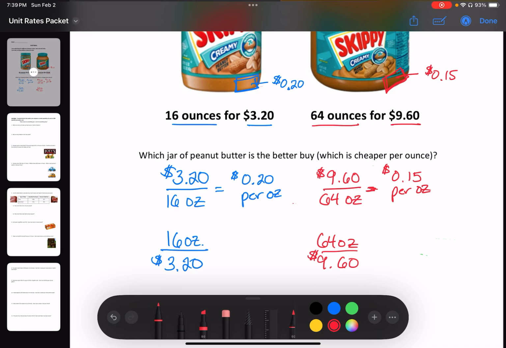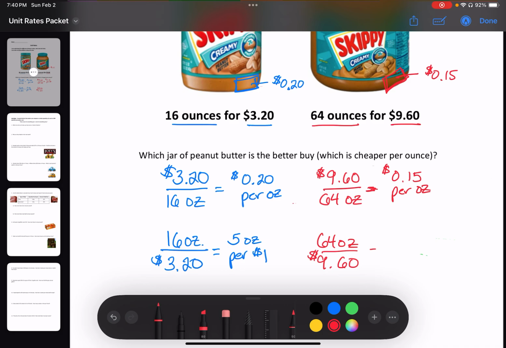Now, if we use the other ratios and compare the ounces to money, 16 divided by 3.2, or $3.20, will tell us that we can buy 5 ounces per $1. So if we walked into the grocery store and said, I have $1 for the small jar, we would be able to buy 5 of those ounces.